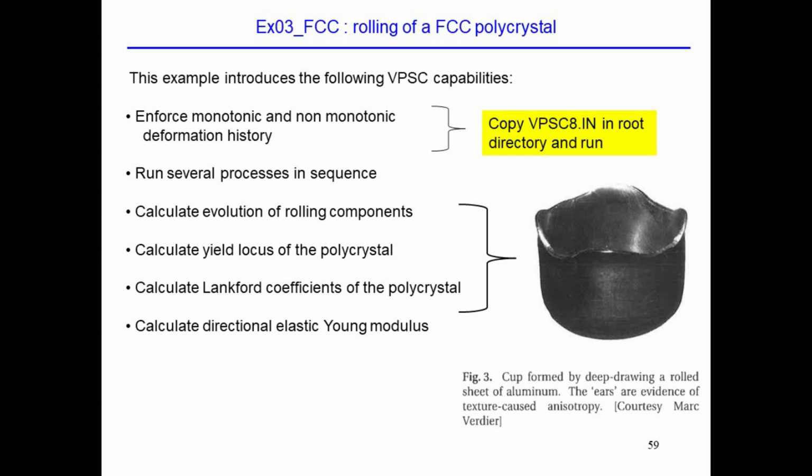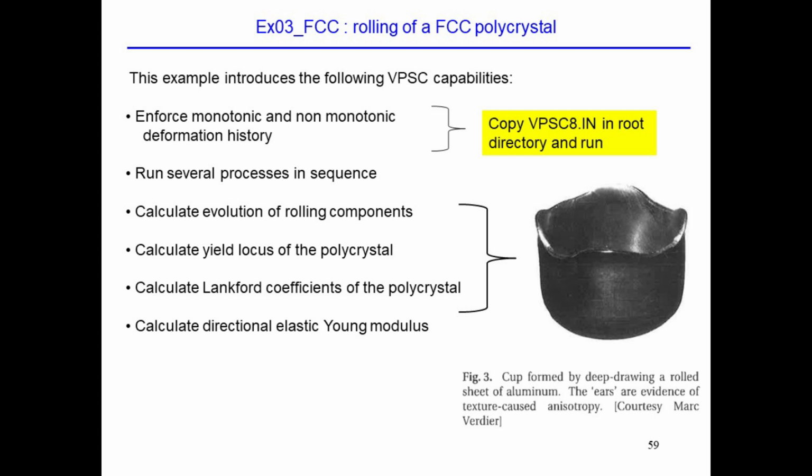You pick the history of the deformation of an element in a finite element code that you obtain with a J2 criterion or some continuum criterion, and then you enter that history of velocity gradient into the VPSC code, and that gives you the texture in that particular element.